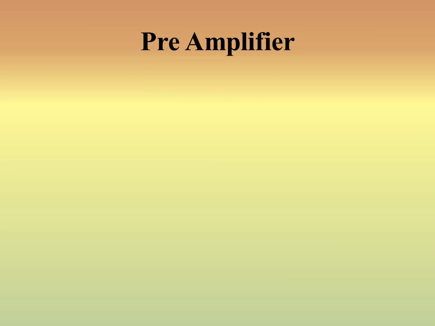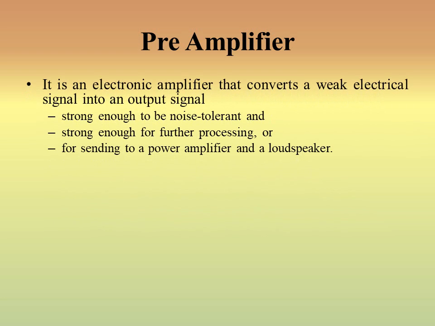Now we are saying that the input stage includes a preamplifier. What do we mean by a preamplifier? Basically, a preamplifier is an electronic amplifier that converts a weak electrical signal into an output signal. Now, each amplifier does this only: it converts a small signal and amplifies it to a large signal.